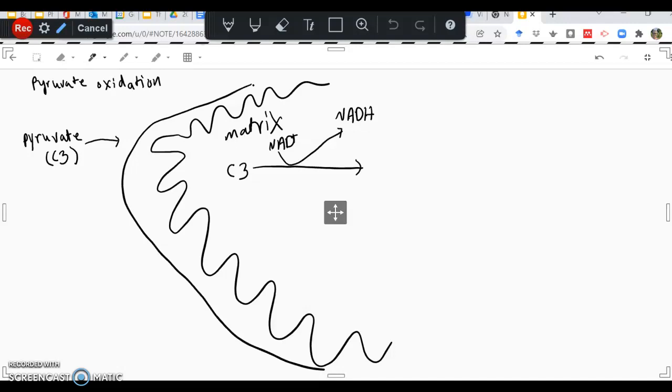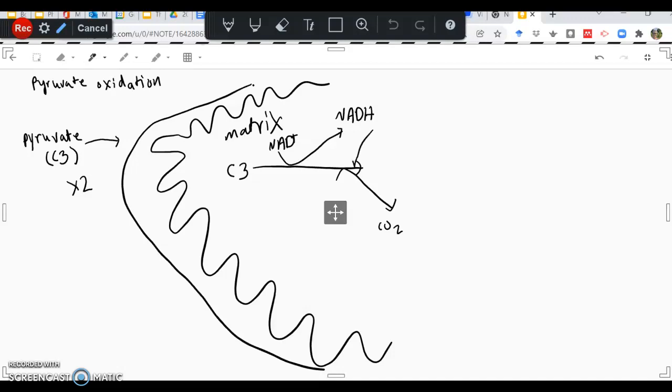Recall that for each glucose that originally came in, this whole process is going to happen twice. So for each of the pyruvates that were made, this will happen. Once we get the NADH and those electrons stripped off, a carbon dioxide is going to be taken out, and we're going to join to a coenzyme.